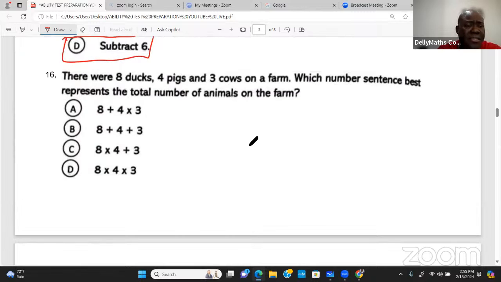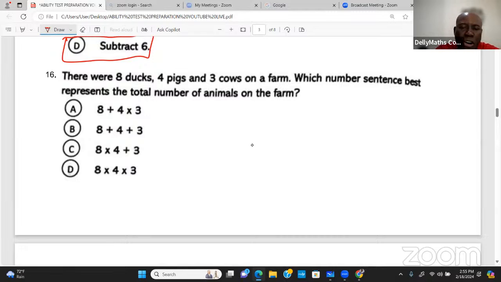Number 16 says, there were 8 ducks, 4 pigs, and 3 cows on a farm. Which number sentence best represents the total number of animals on the farm? This one is quite easy, right?